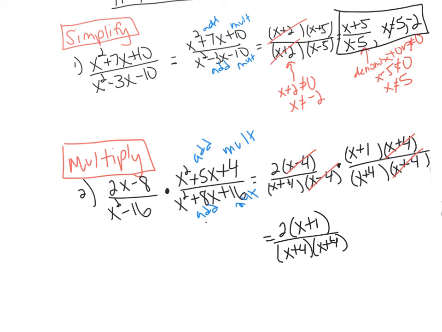So we could simplify this even more and distribute. The top will be 2x plus 2. If we FOIL the bottom, we get x squared, plus 4x and 4x, which would be 8x, and then plus 16.